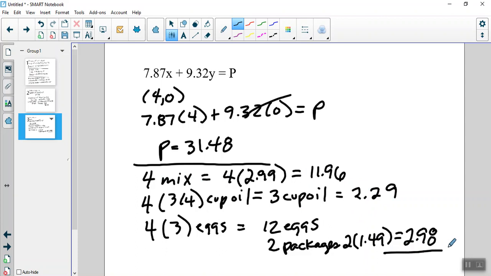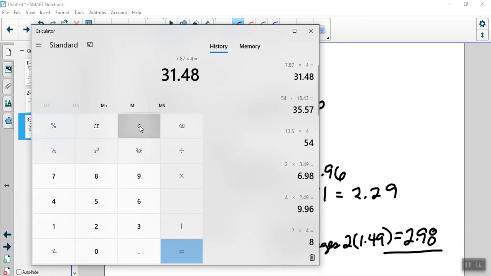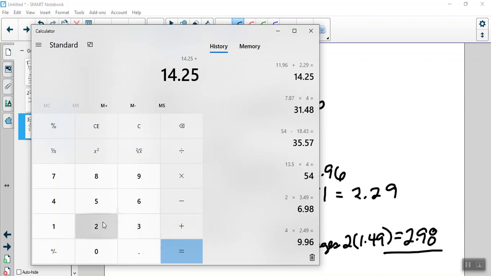So let's add them up. $11.96, $2.29, and then plus $2.98. So it's going to cost $17.23.